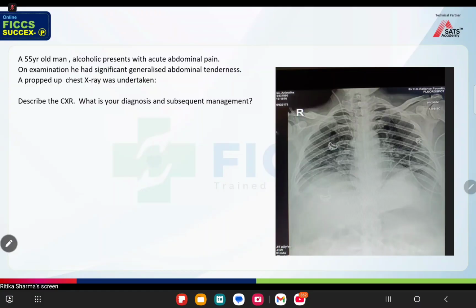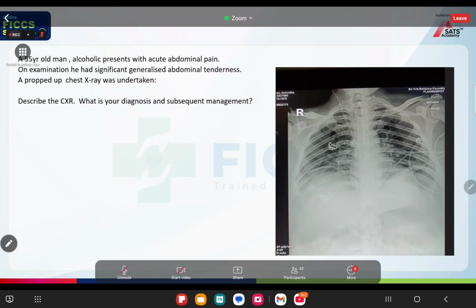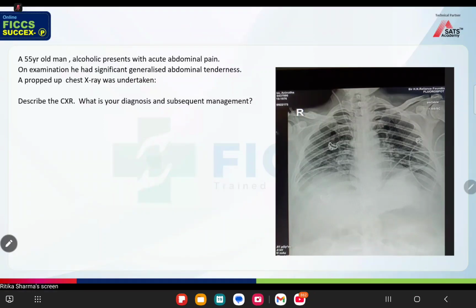This is an AP view. There is a right-side cannulation. The central line is placed.